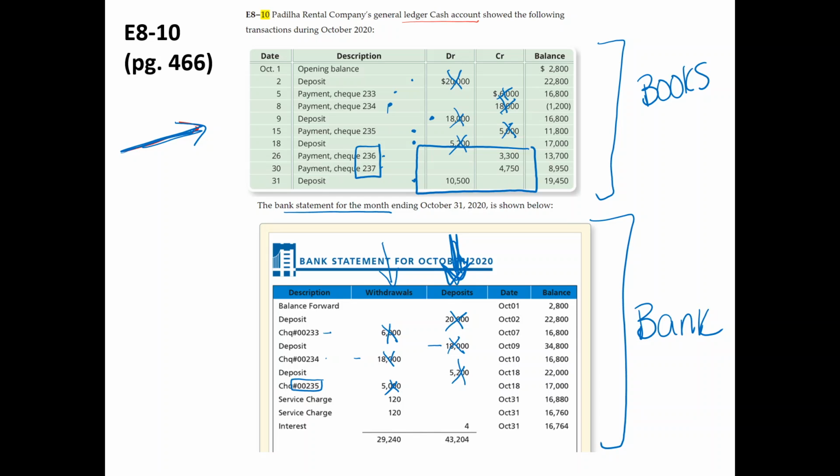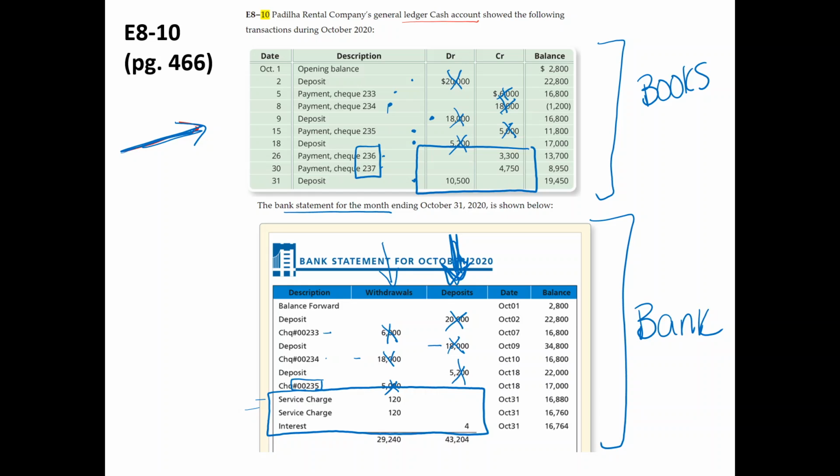Now we also can see that there's these three items left on the bank statement. So 2 service charges and interest. Now if we look back to the textbook, I don't have this part copied here, but on page 467 right below the bank statement, it says, Padilla Rental Company informed its bank that the bank charged a service charge twice. And we can see those here.